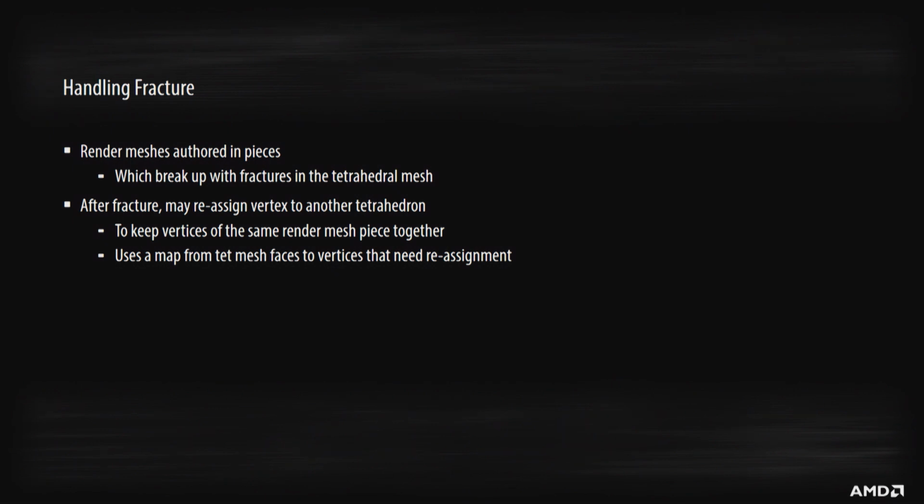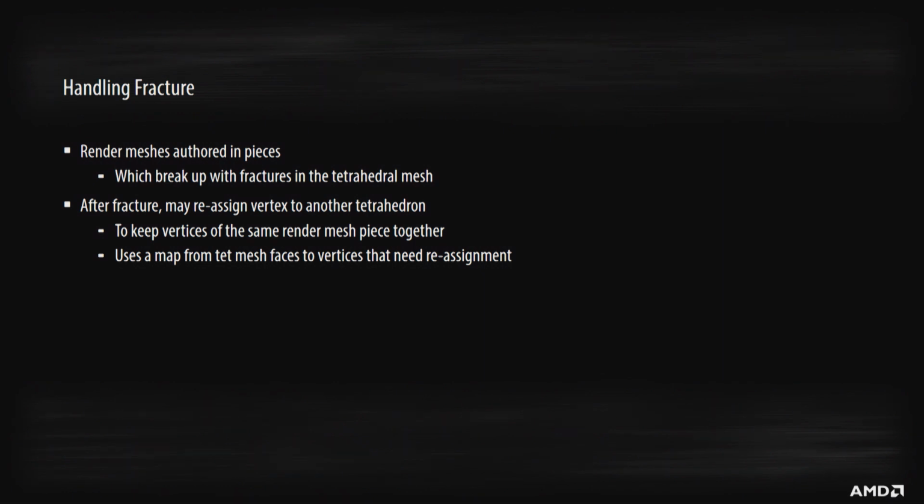And then, when fractures occur in the simulation mesh, we have to make some updates to the rendering so that, specifically so that parts of the render mesh, I guess I should explain that when you initially assign the correspondence between the render mesh and the sim mesh, you may pick one tetrahedron of the sim mesh to assign it to for the best sort of deformation effect.